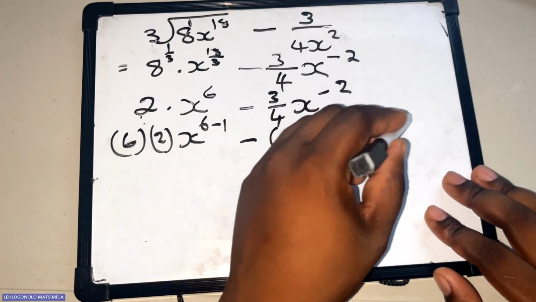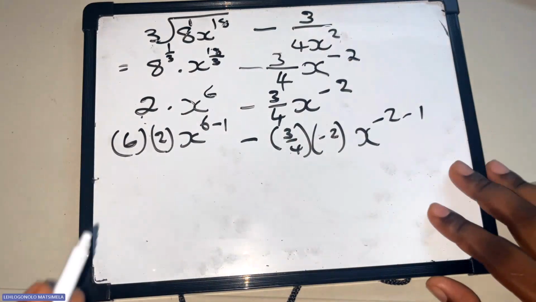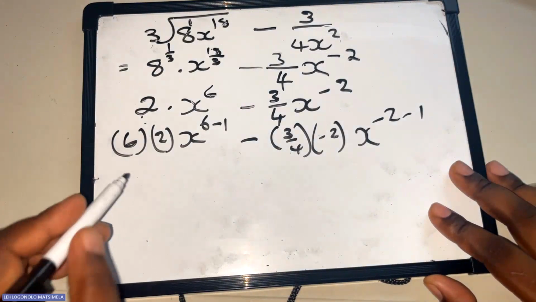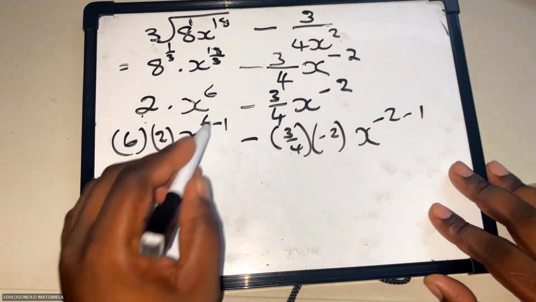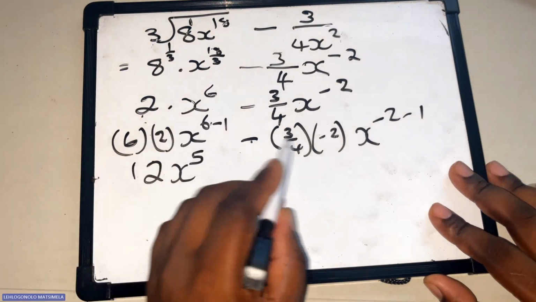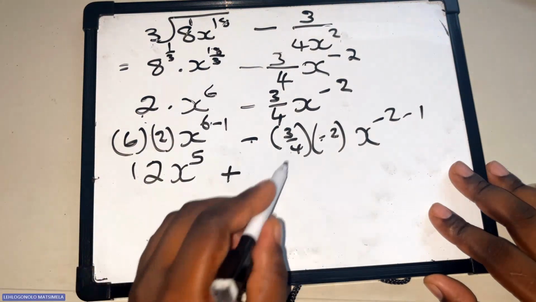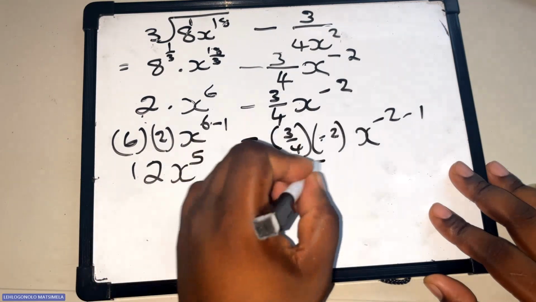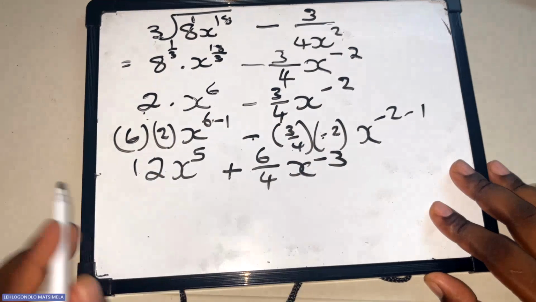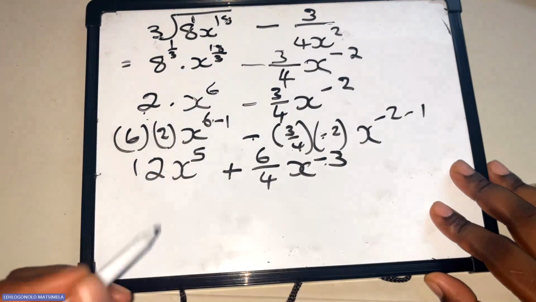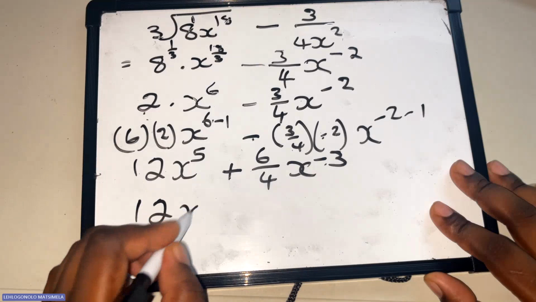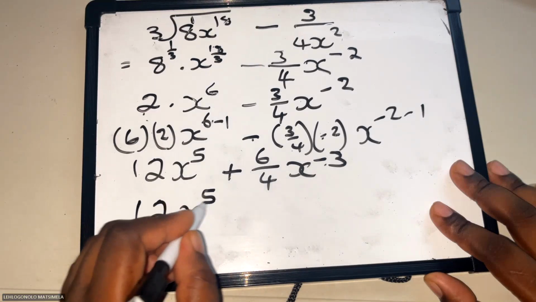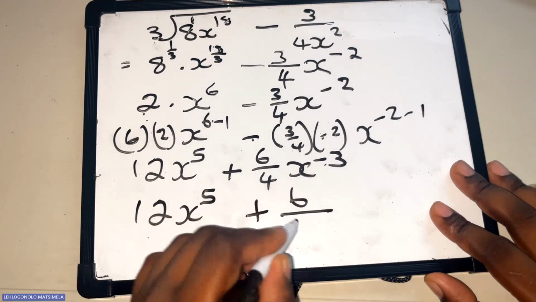Exponent is negative 2, minus 1. I am done deriving, then I simplify. This one is 12x to the power of 5. Negative times negative is positive, so it is positive 6 over 4, and x is to the power of negative 3. Then I can change this negative exponent into positive. Then I'll have 12x to the power of 5 plus 6 over 4.